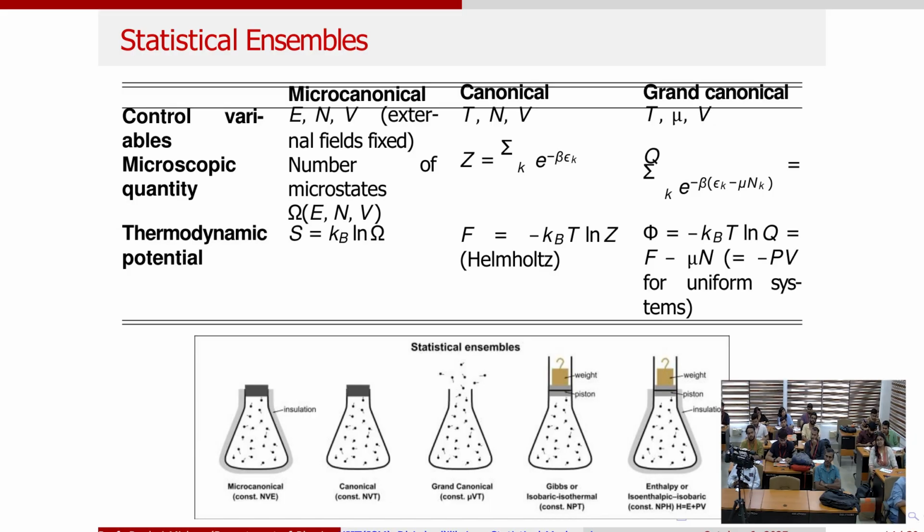Suppose we have a very large system having an infinite number of particles, and now you want to calculate the property of a subsystem, which is part of this, and our objective is to calculate the property of this system, system A.